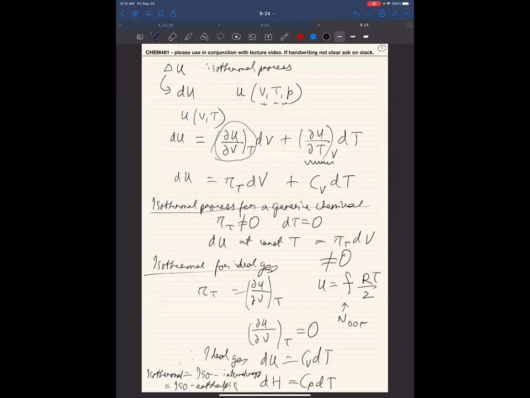Because dH is also equal to 0 for an ideal gas. These relations are true only for an ideal gas. If you don't have an ideal gas, then you have to think about the internal pressure for dU, and for dH, you have to think about the Joule-Thomson coefficient, which captures how temperature changes with pressure.